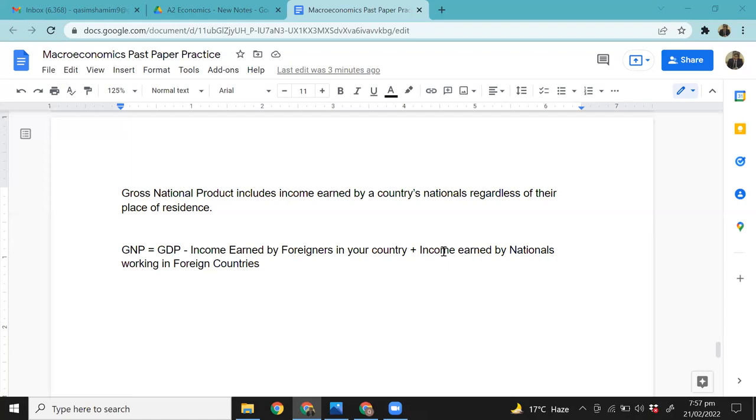Whatever income they are earning there is part of Pakistan's gross national product, but not part of Pakistan's domestic product, because they are not working within Pakistan. Similarly, whatever businesses Pakistanis own in foreign countries are part of Pakistan's gross national product, but not part of Pakistan's domestic product. Are you guys getting me?